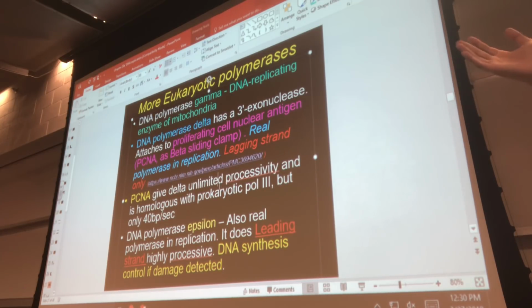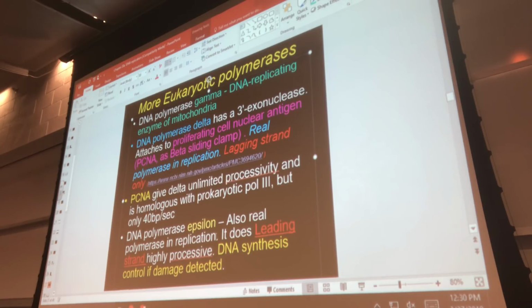New to me, so new to you guys too, I suppose, DNA polymerase delta is responsible for only replicating the lagging strand. Another fact about DNA polymerase delta that is familiar to me is it has a special extra subunit called PCNA, proliferating cell nuclear antigen.